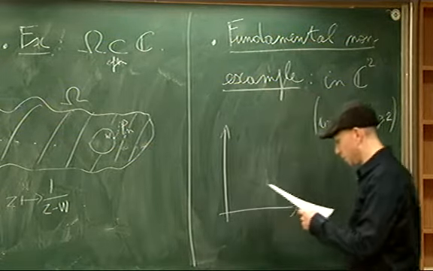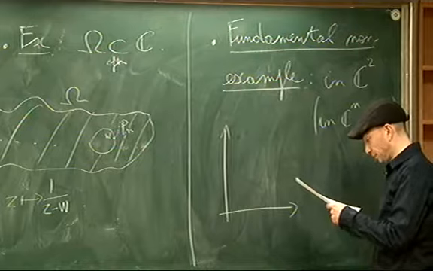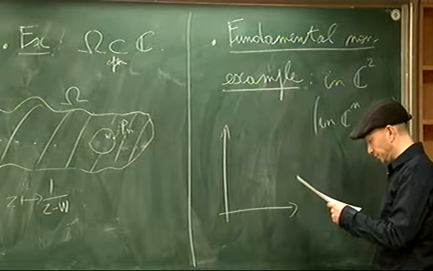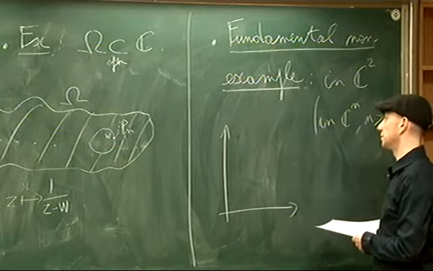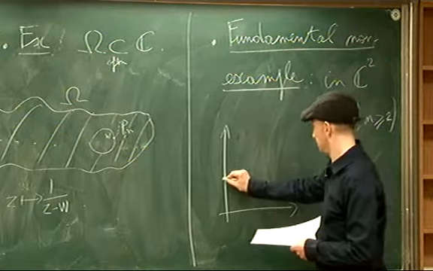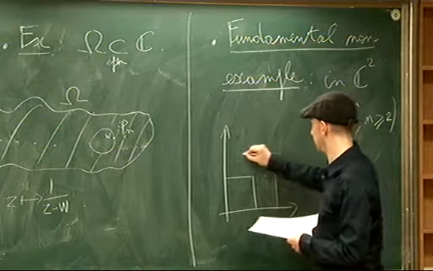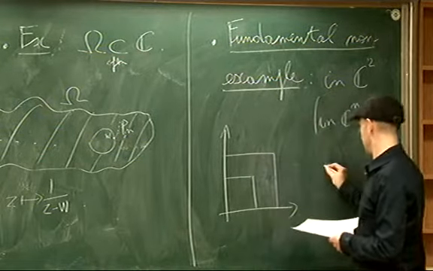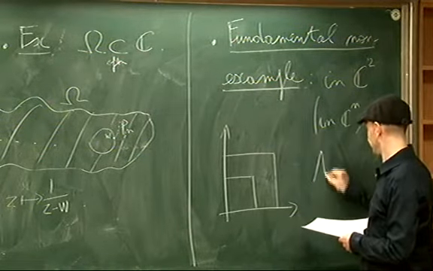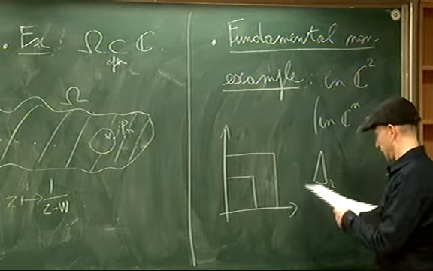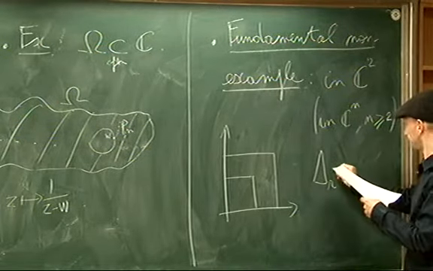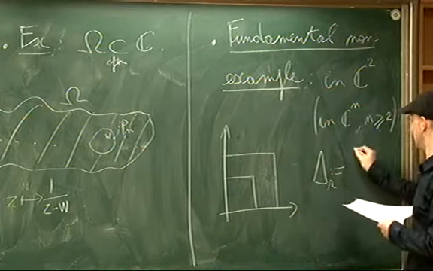I'm going to draw a picture, or maybe some notation. This is the picture. And I'm going to denote delta R. It will be a product of two disks.